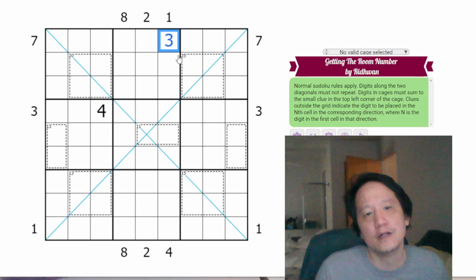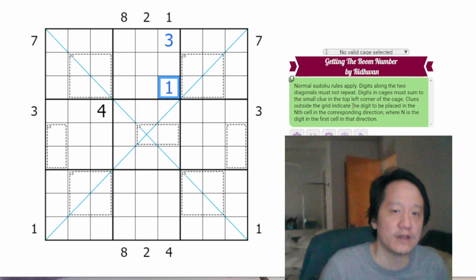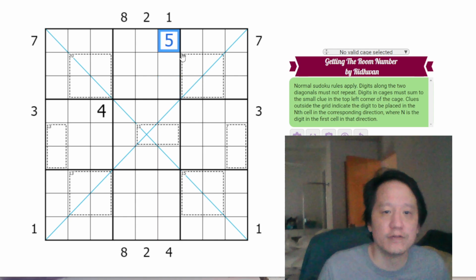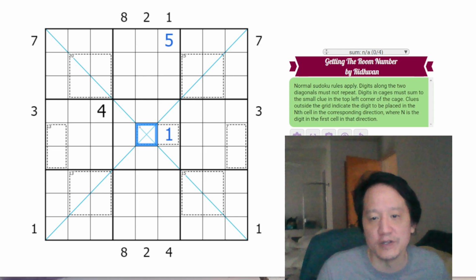Then the 1 would have to be placed in the nth cell. So this would be 1, 2, 3, so the 1 would have to be there. Similarly, if it were 5, then this would have to be 1, 2, 3, 4, 5, and the 1 would have to be there. And that's what that rule means. And those are the rules.